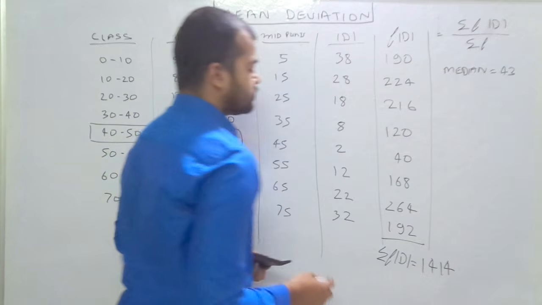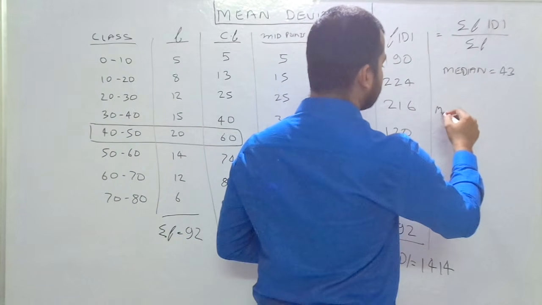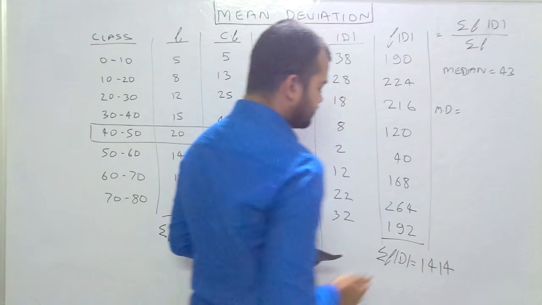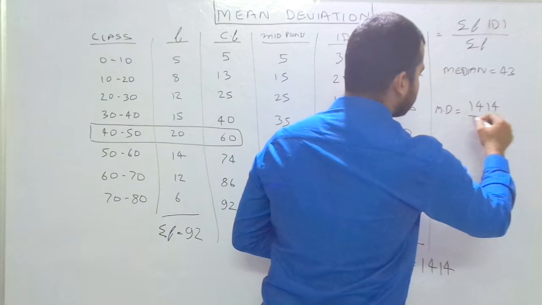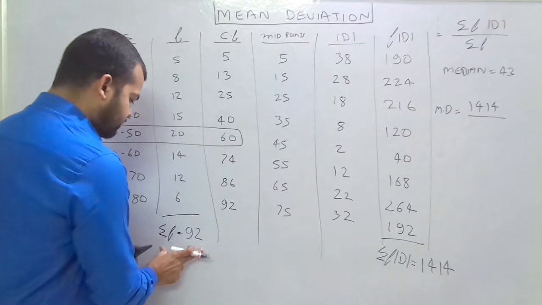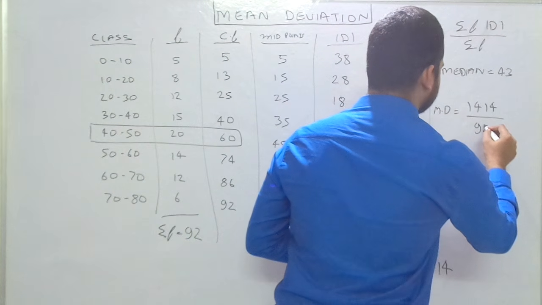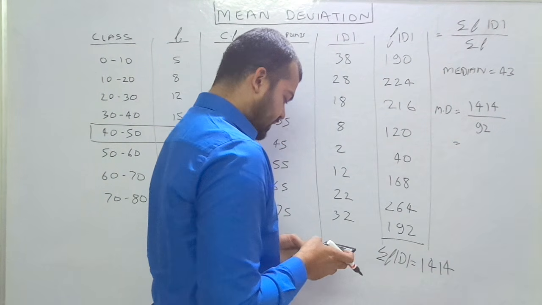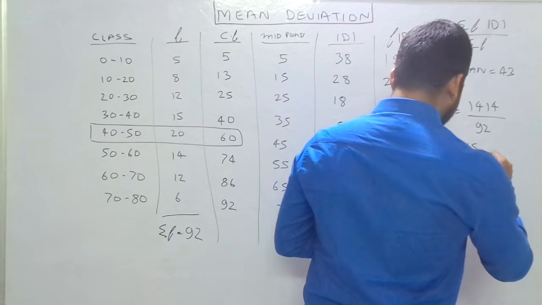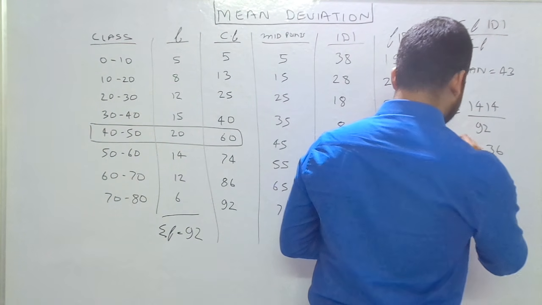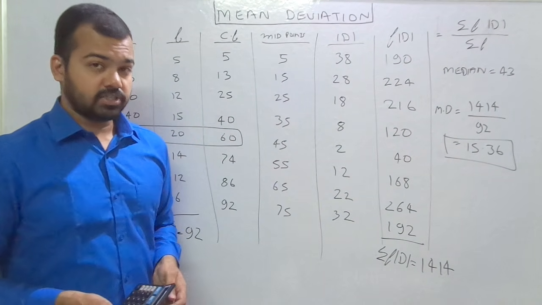Now you just have to put these values into the formula. So formula for mean deviation is summation f d, the value of which is 1414, divided by summation f, 92. So 1414 divided by 92. So the answer comes out as 15.36. This is the value of mean deviation.